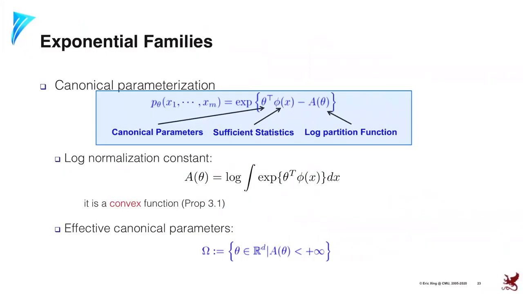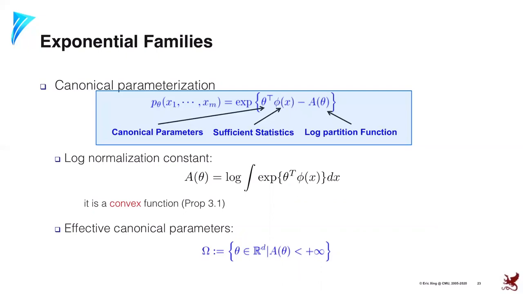So first of all, let's just recall this exponential family. The exponential family described previously in this course is this formula, and we have this theta as the canonical parameters, and we have this phi x, which is the sufficient statistics, and then we have this A theta, which is a log partition function.